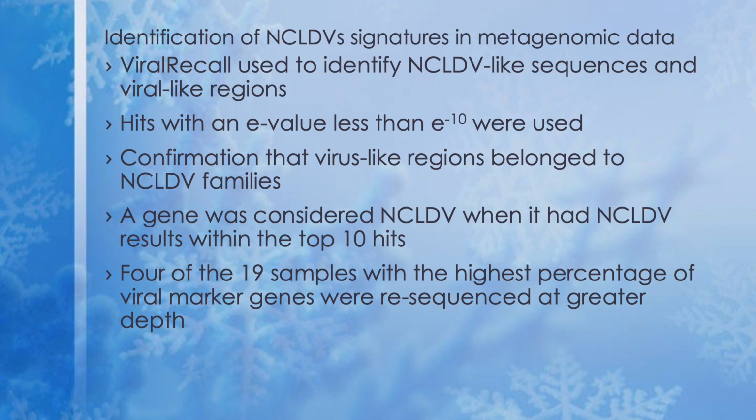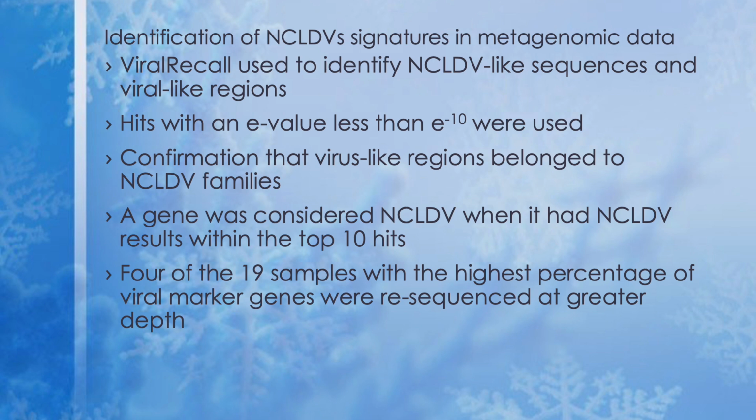These genes are universal NCLDV marker genes and hence are routinely assessed for identification of signatures of NCLDV in different ecosystems. Pol B is the only marker gene typically found as a single copy and is therefore used for phylogenetic placement within known NCLDV families.